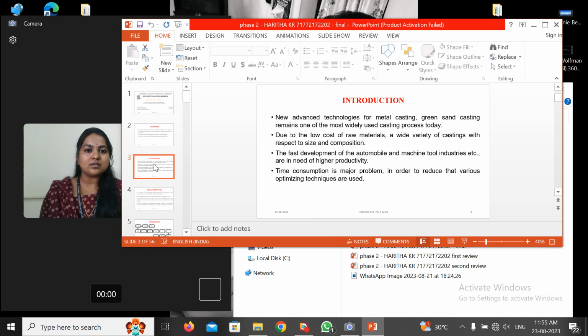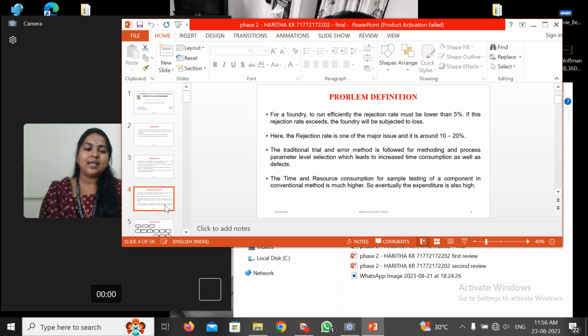Due to the low cost of raw materials and in-time production, components of varying size and composition can be produced in large lots. With the fast development in the automobile and machine tool industry, there is a need for higher productivity, so time consumption is a major problem. In order to reduce that, optimization techniques like simulation software and 3D CAD have been used, and many different optimization methods have been developed.